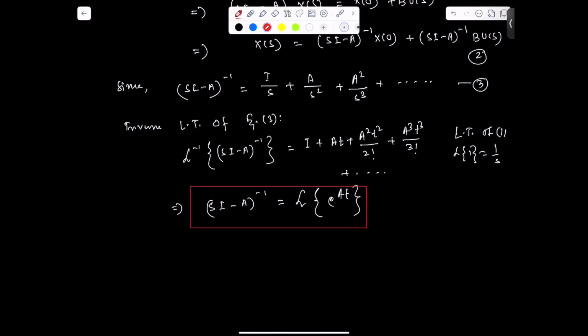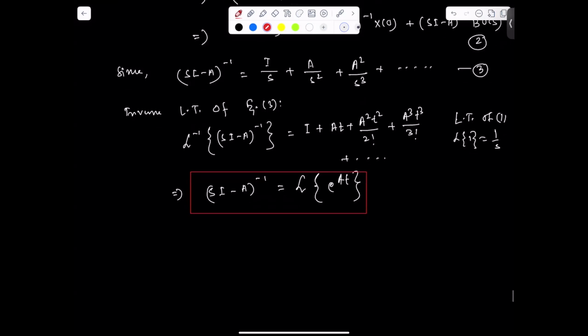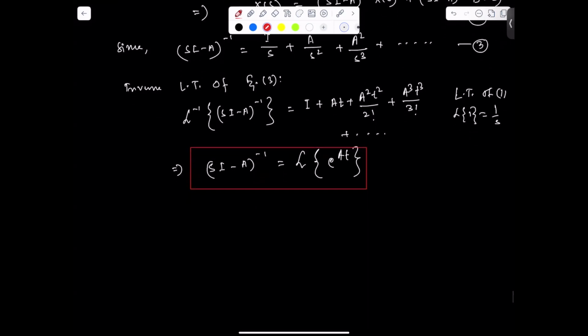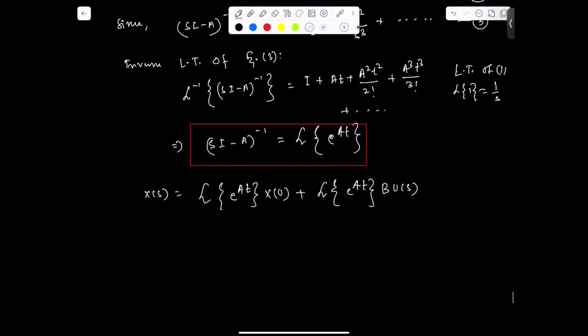So using this formula, we can write X(s) as the Laplace transform of e to the power At times x naught, plus the Laplace transform of e to the power At times BU(s).